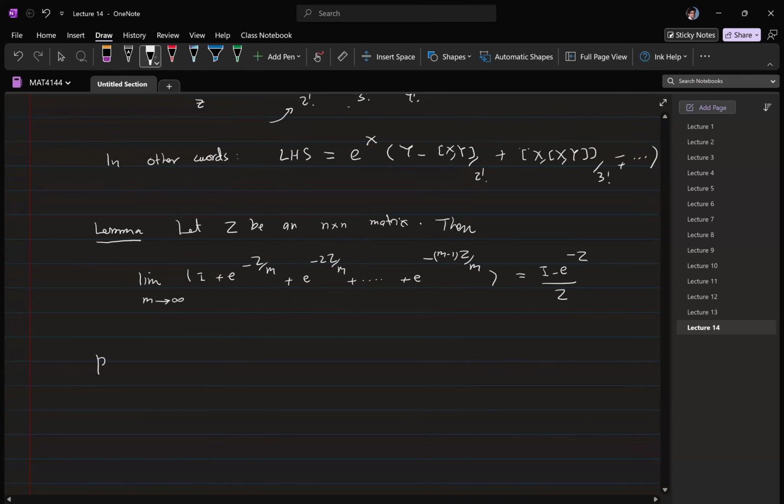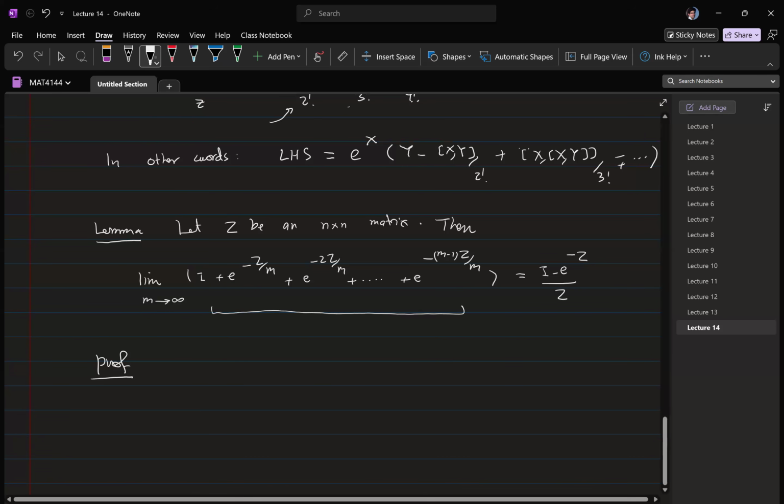So how do we prove this lemma? In fact, for this summation, I missed the factor of 1 over m, sorry. This summation is a Riemann sum of some integral.